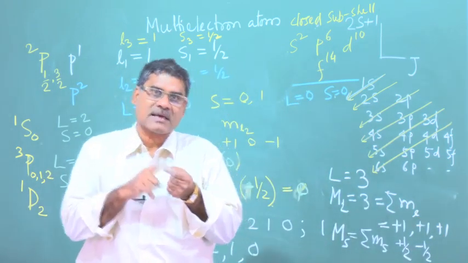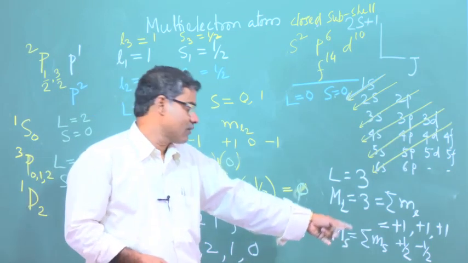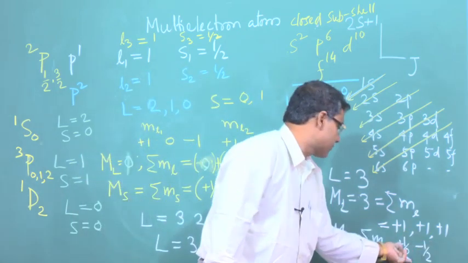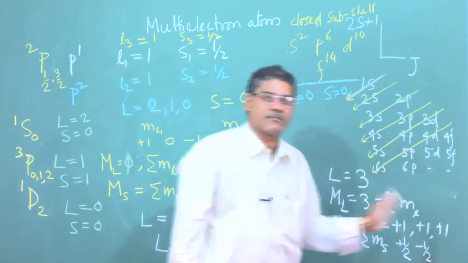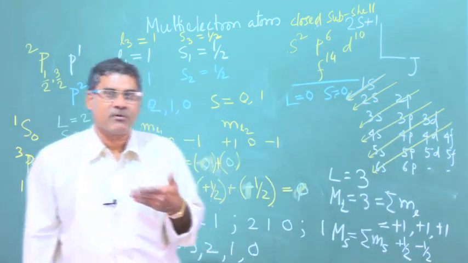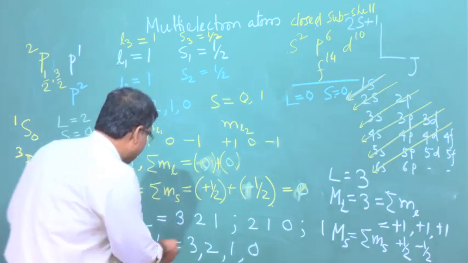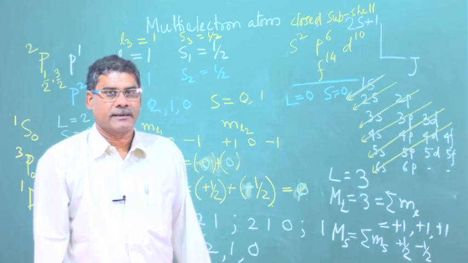So all MS has to be different, and that is not possible. If I put plus half, then these two will be same. If I put minus half, then these two will be same, and it will violate the Pauli exclusion principle. So L equal to 3 is not allowed.